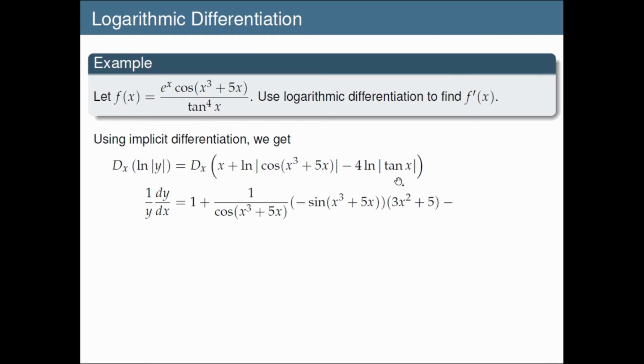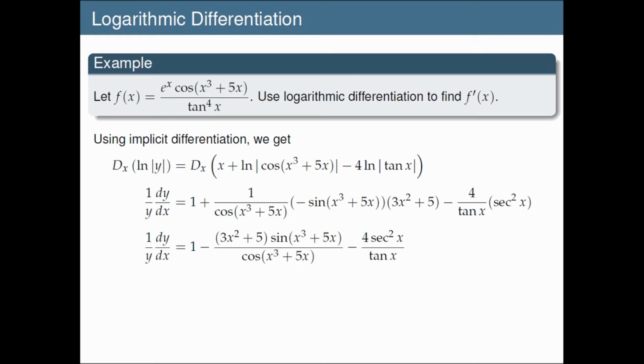Then we subtract the derivative of this part. So we have 4 over tangent x times derivative of tangent x, which is secant squared x. Galawin lang natin ng konti yung right hand side to form this expression.